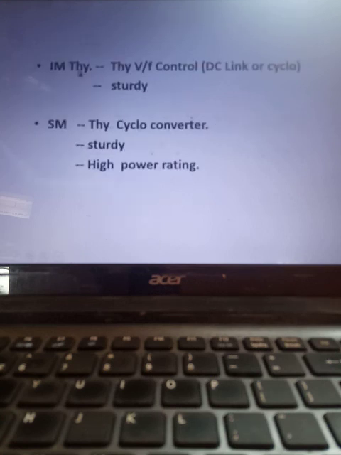Whereas induction motors do not have that problem. They can be of very high capacity, and nowadays they are used with V/F control, thyristorized with DC link or cyclo, and particularly the squirrel cage variety is very sturdy, very strong, and hence it is preferred. Maintenance is very less.